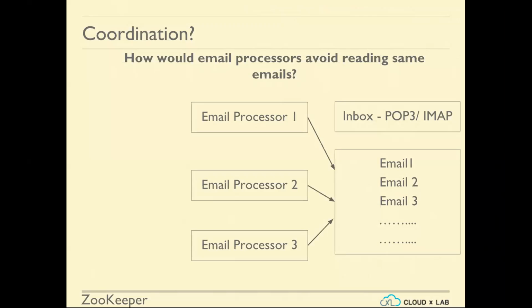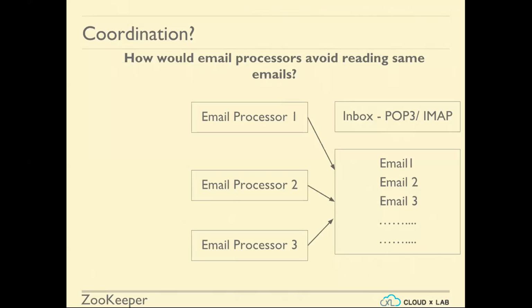Here is a bit more information for you. The inbox is read only, meaning you may mark an email as read or unread. That's all you can do. You can't delete an email. You can only mark it read or unread. Second piece of information for you is, each email has a unique identifier.